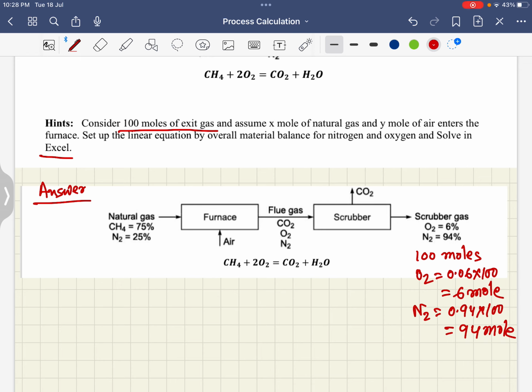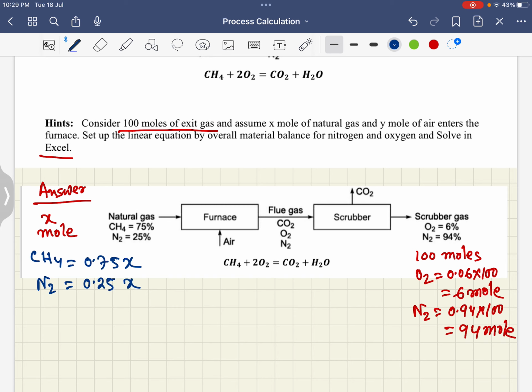And x moles of natural gas, so the natural gas amount is x moles. In that x moles, CH4 is 75%, meaning 0.75 into x, and nitrogen is 0.25 into x.